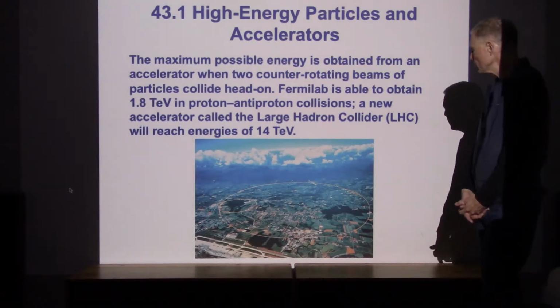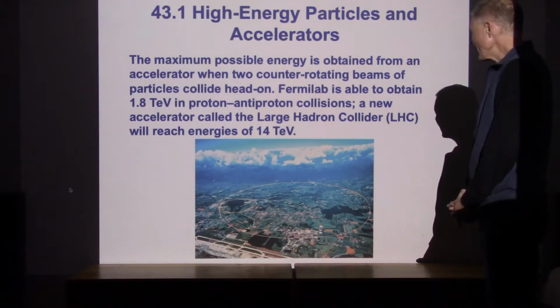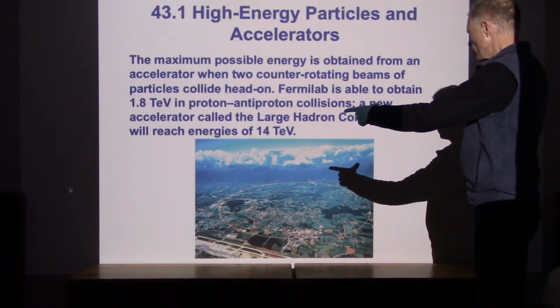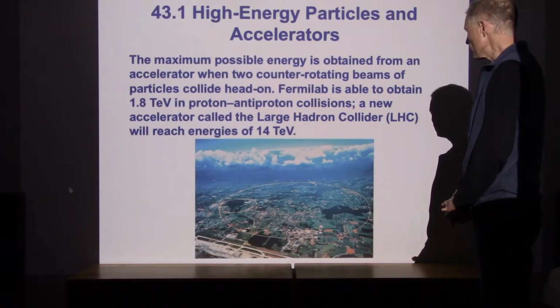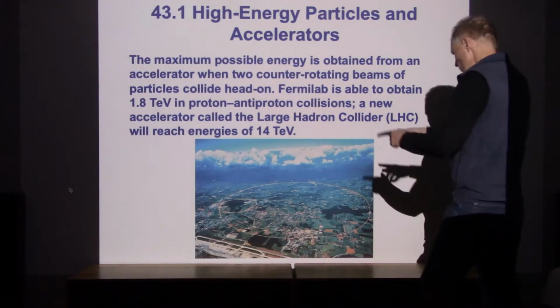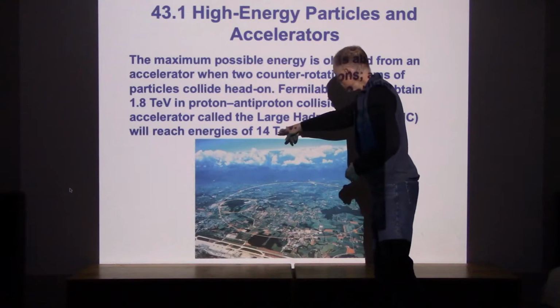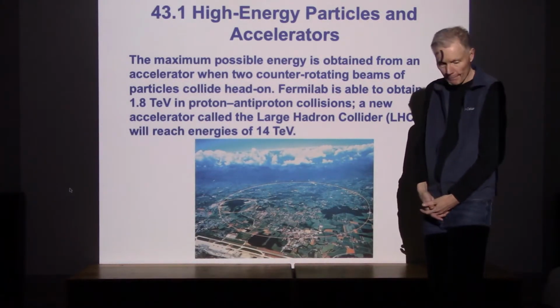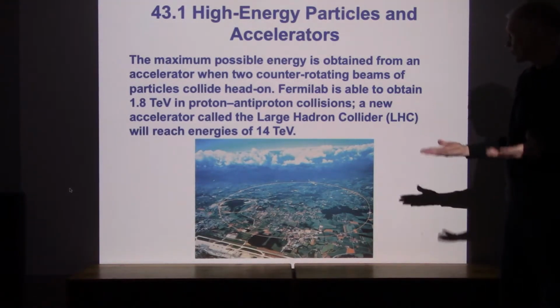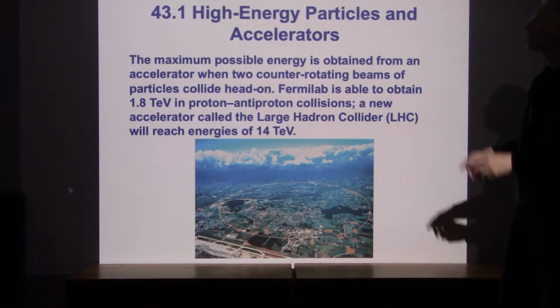And that would have been, I think, more than twice the diameter of this, and would have gone up to much higher energies. So this accelerator goes up to 14 TeV. T is tera, so that's trillions. It's 1,000 beyond the giga.